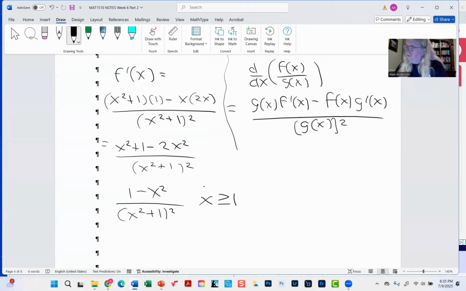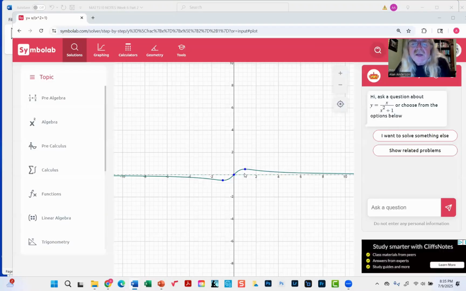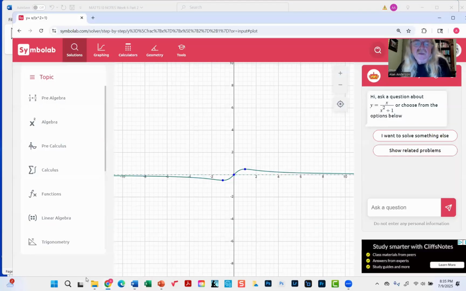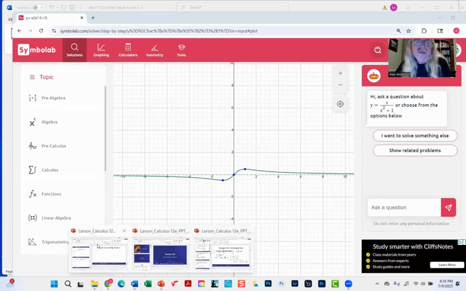At x equals 1 itself, we're going to have 0, so the tangent line is flat. After that, x squared will be larger than 1, and so the derivative will be negative. From here on, the slope of the tangent line will be negative. That means we met all the requirements to use this test. So now we need to apply it.